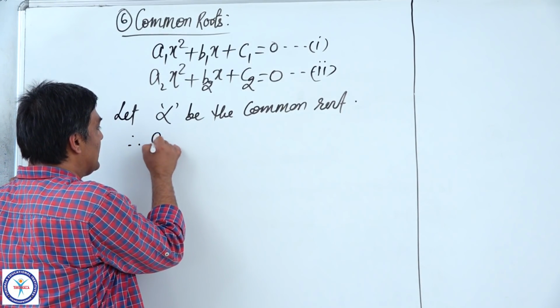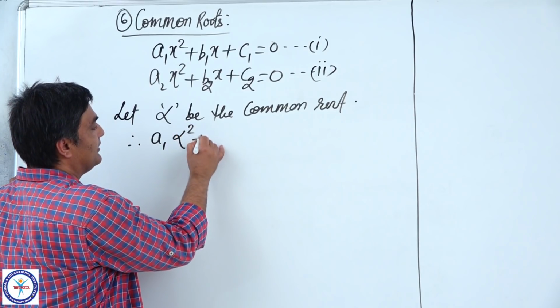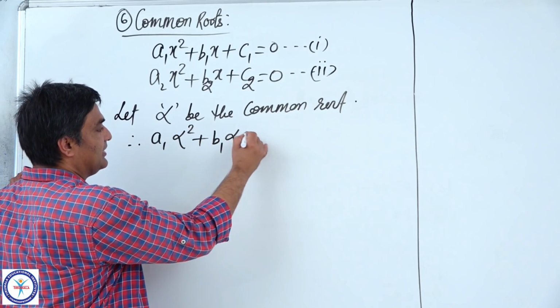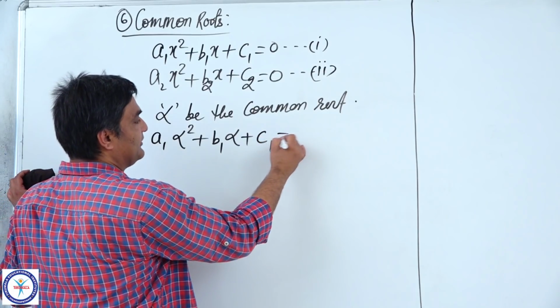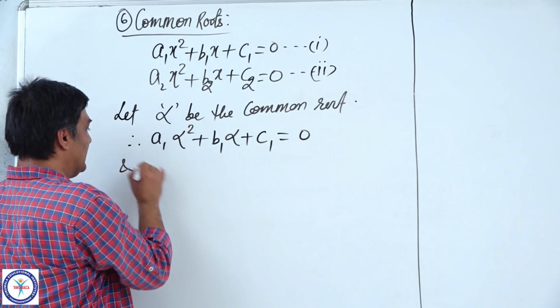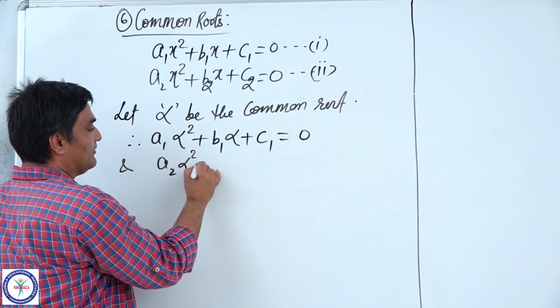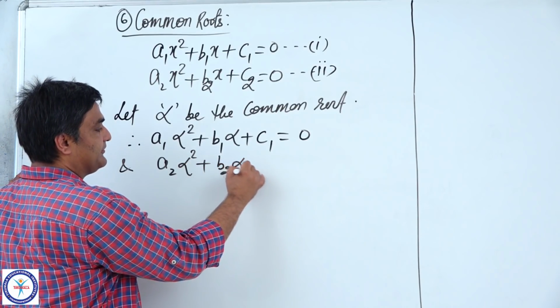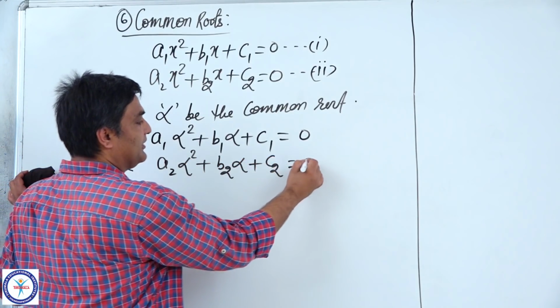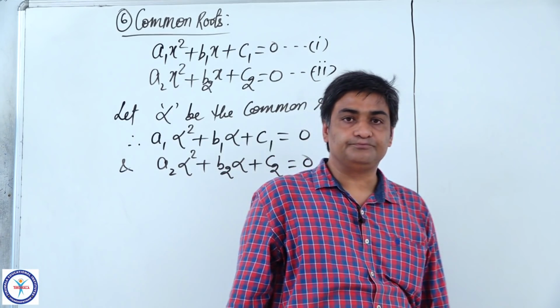Therefore, a1 alpha square plus b1 alpha plus c1 equal to 0 and a2 alpha square plus b2 alpha plus c2 equal to 0.